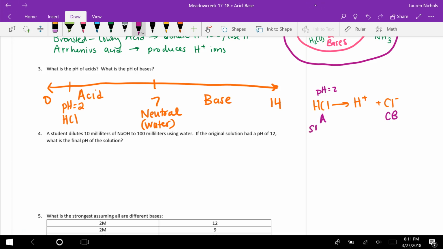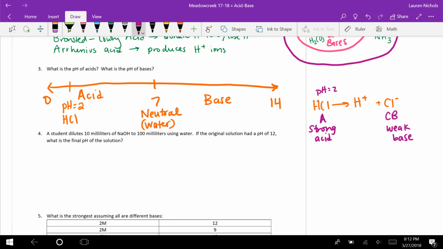If this is a very strong acid, that means Cl minus has to be a really weak base. So as you move this way, you become a stronger acid, which means you in turn have to become a weaker base. So you can think of a pH scale in terms of opposites. As you move away from one thing, you move closer to the other.